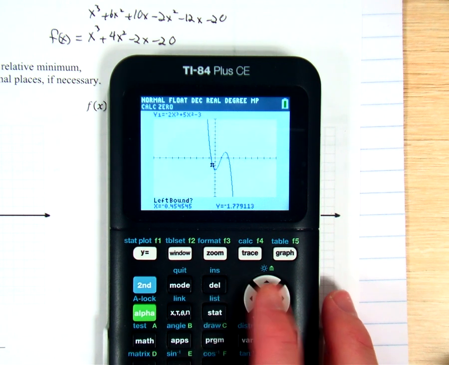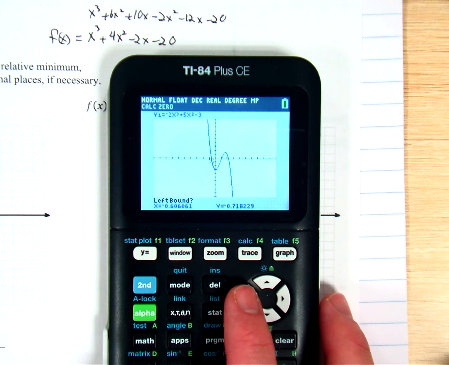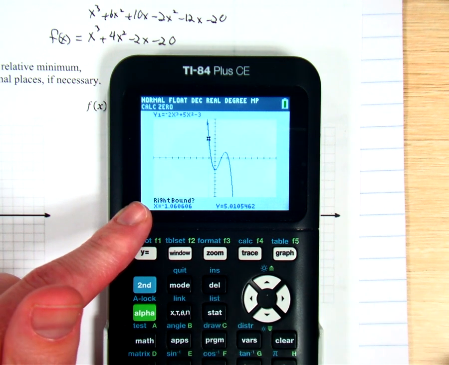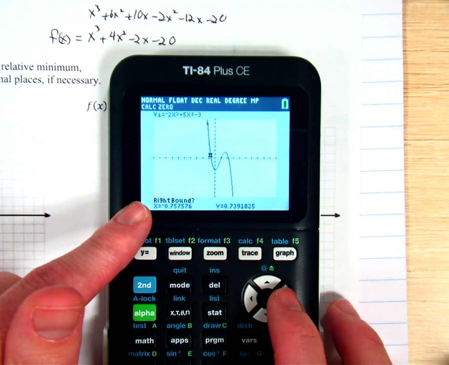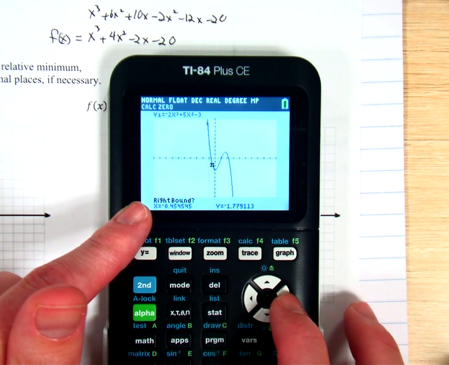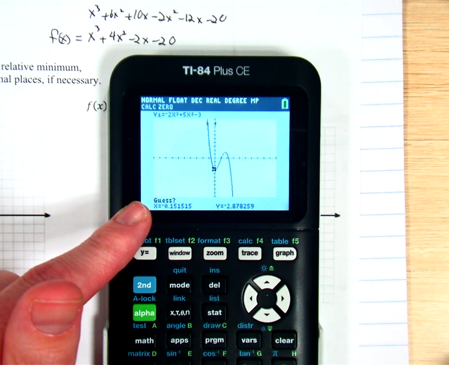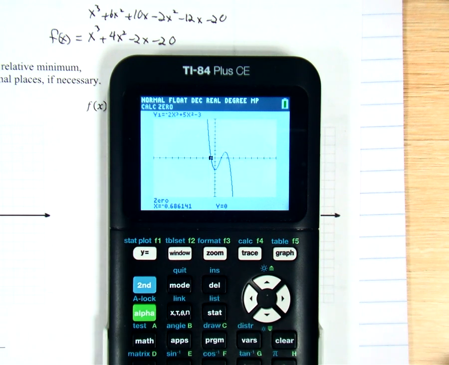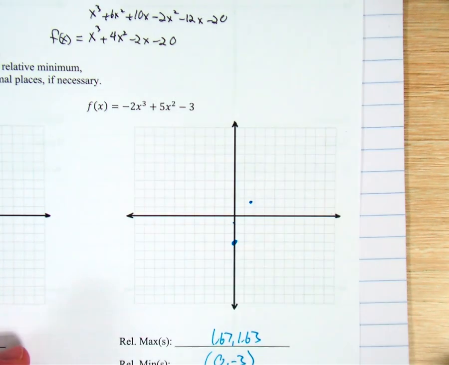Okay, so we're going to get as close as we can. And then always left bound first. Left, left, left. Enter. Back down to the 0 spot. Right, right, right. Enter. Back to the 0 spot. Enter a third time. Negative 0.69, comma 0.